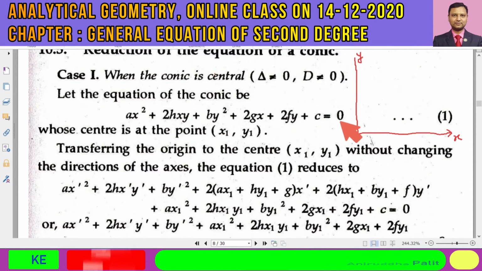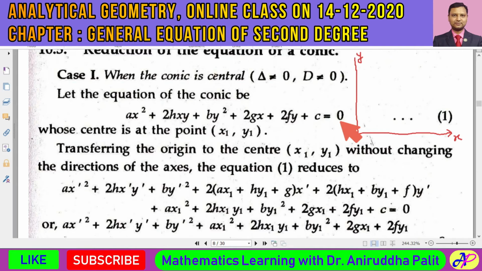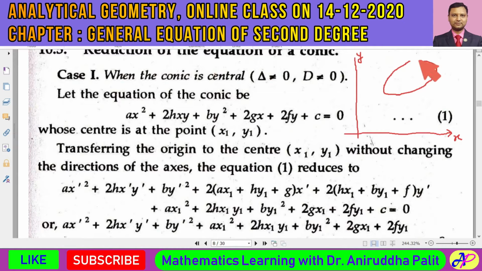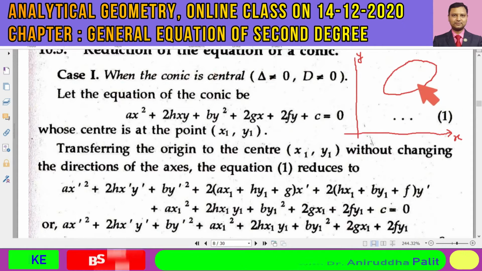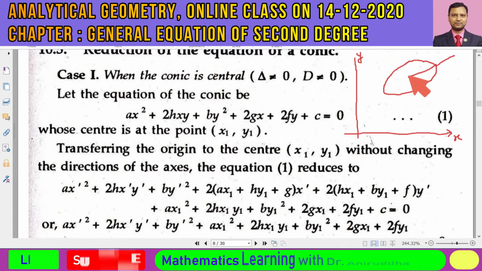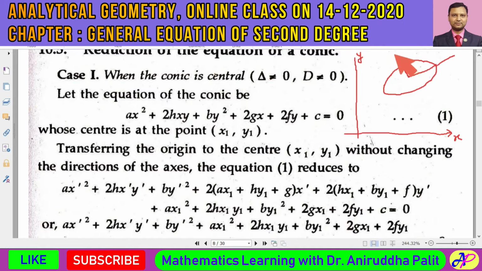Suppose it represents an ellipse, and maybe the ellipse would look like this. This is the semi-major axis and this is the semi-minor axis.